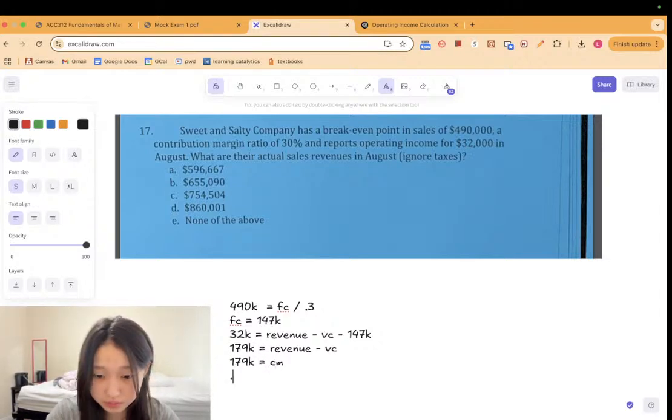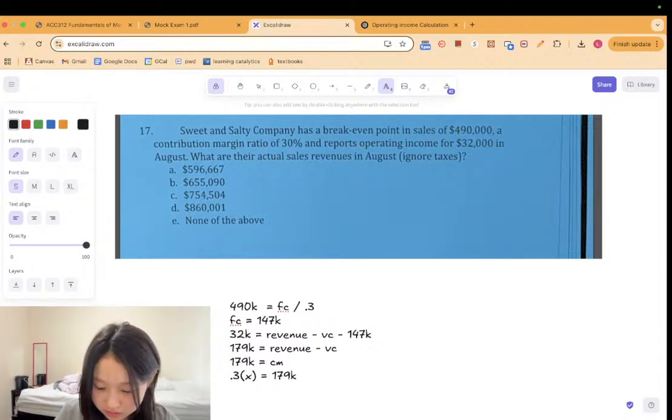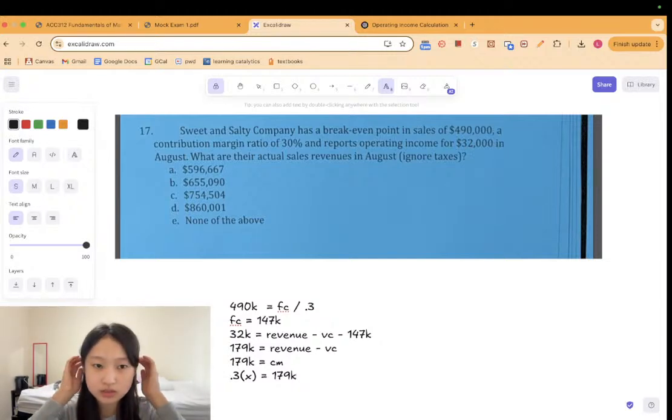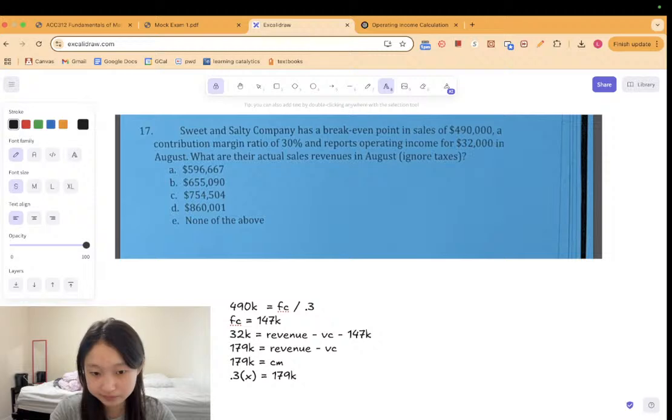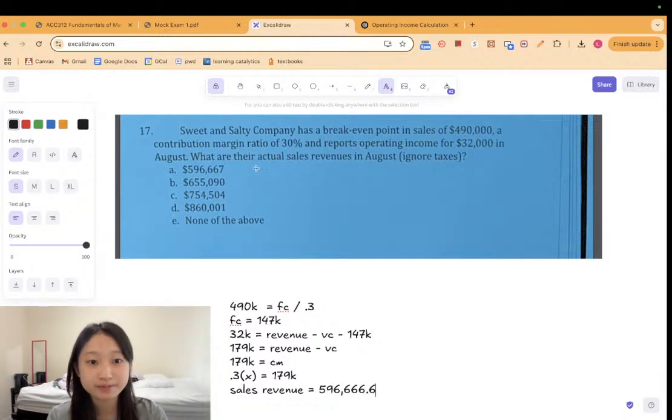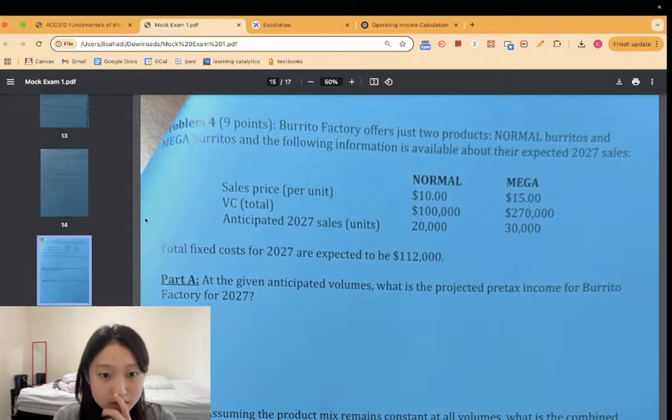So basically 0.3 times what is equal to 179,000. So what you can do is divide both sides by 0.3, and your actual sales revenue is equal to 596,666.6, which is equal to A. So that's the answer to 17.